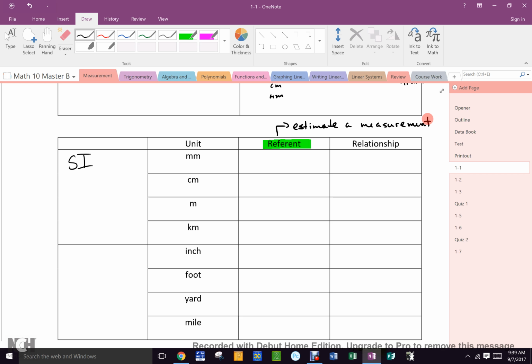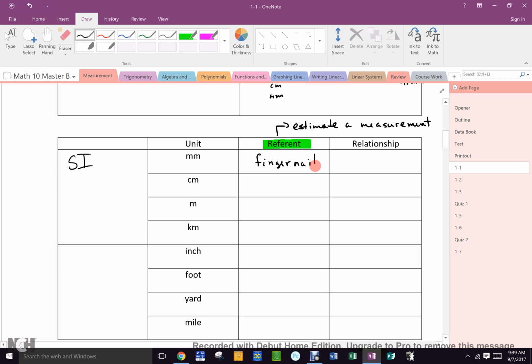So, what do you think a referent is for a millimeter? Talk amongst yourselves. What is something that we all have that we could use to say, oh, that's about a millimeter? Millimeter, not milliliter. Oh. Millimeter, a distance. Fingernail? Okay. Nice.